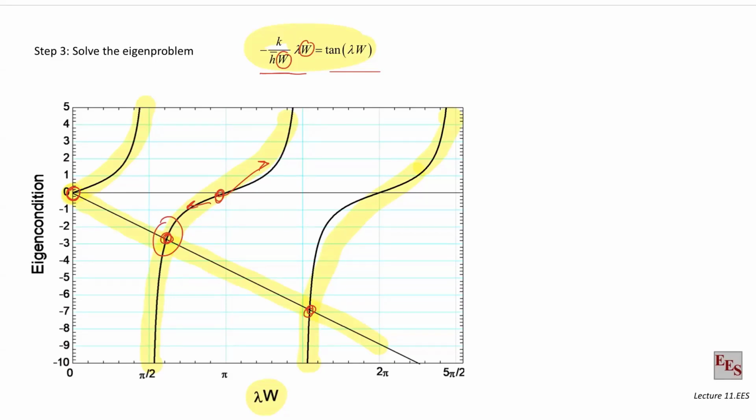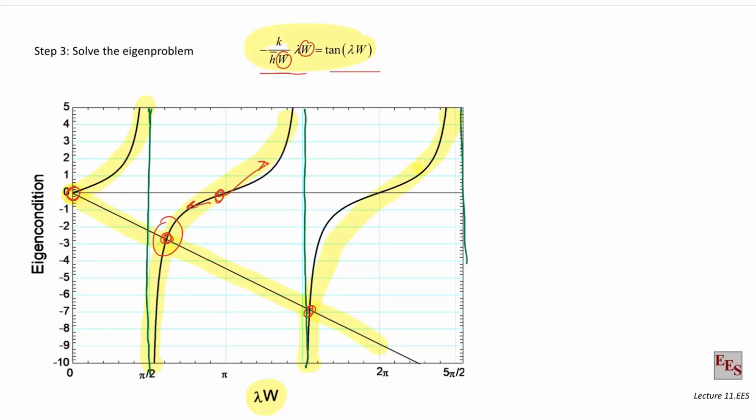The first thing we need to do before we go to EES is look at the constraints on this problem. I'll draw this with green. If we continued plotting tan, we would see that there's a period where it's possible for this intersection to happen. There's a period from pi over 2 to 3 pi over 2, and in that region we know there has to be a solution. Then it shifts again from 3 pi over 2 to 5 pi over 2, and there has to be a solution in that region. The tangent is periodic on that scale.